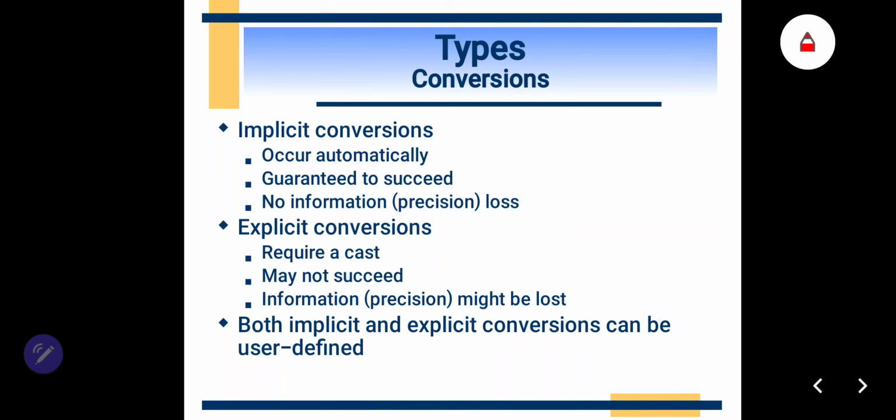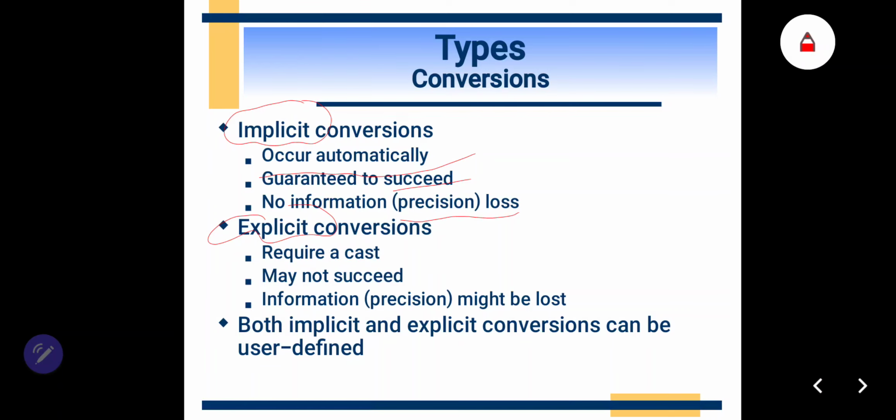Type conversion, implicit and explicit. You can use this conversion in C#. Implicit conversion occurs automatically and is guaranteed to succeed, with no information or precision loss.